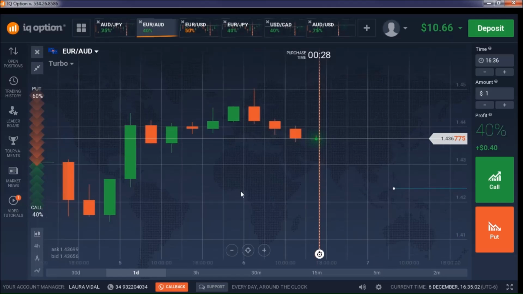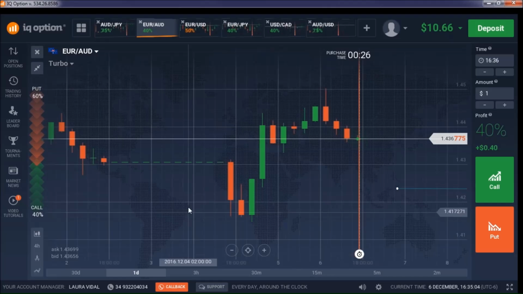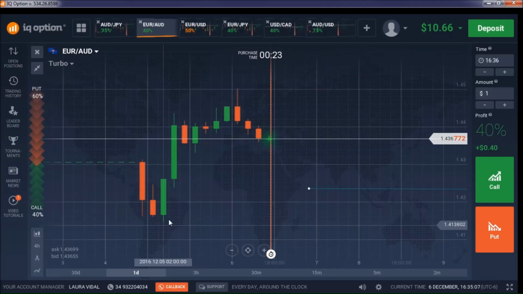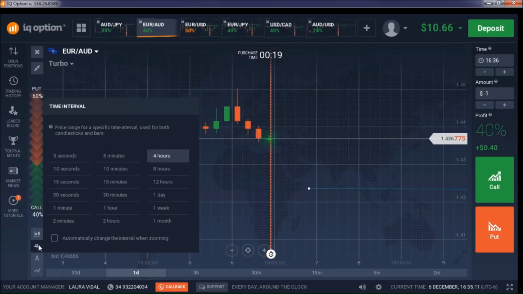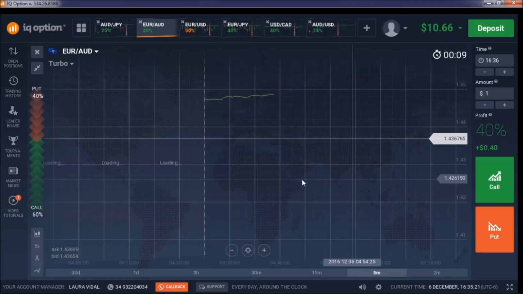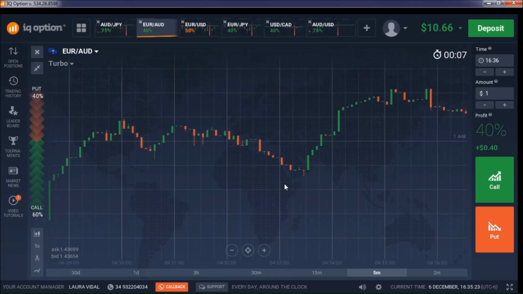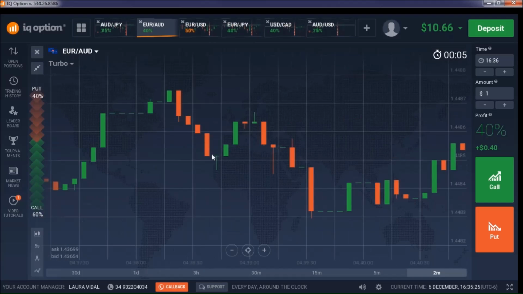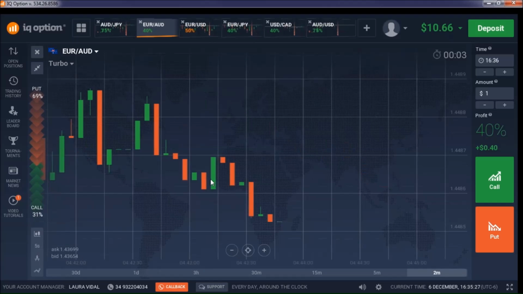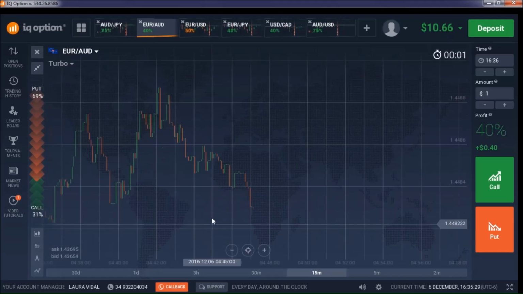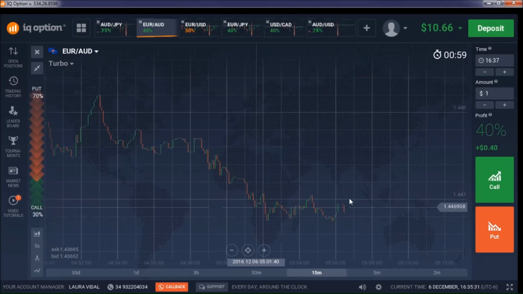Once we've done that, we're gonna have this graphics. Okay. So once we have these graphics, we're gonna go in this part right here. We're gonna choose the interval. That means the time of the candles. If we choose it on 5 seconds, that means that every candle is gonna be a 5-second candle, meaning that we will not have enough time for us to make an informed decision as to where to invest or where not to invest. Okay.